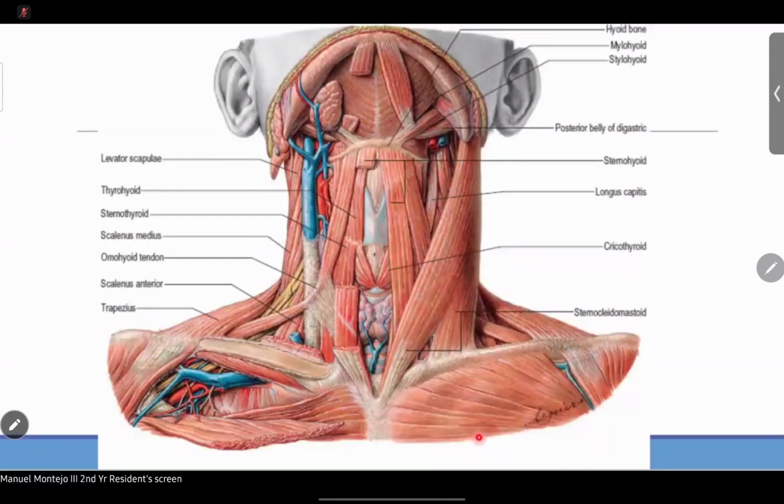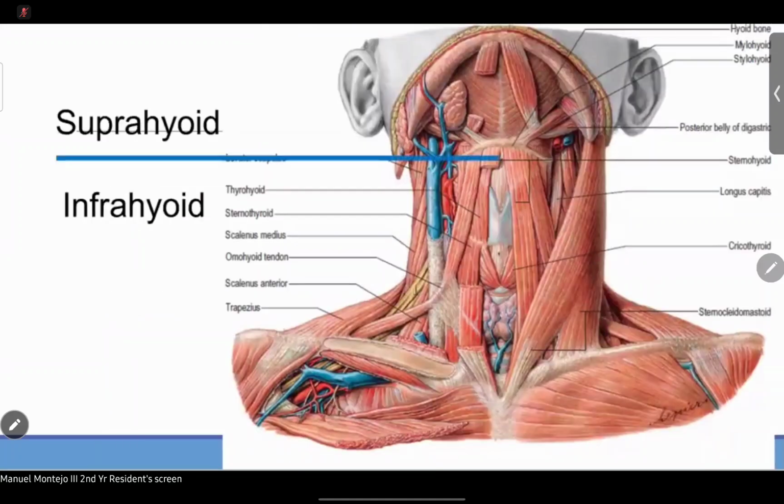Let's start with the suprahyoid and infrahyoid. Basically, you just imagine a line crossing along your hyoid bone. Above it, superior to it, will be your suprahyoid group. Then the infrahyoid group would be below the hyoid, going to your clavicle and your sternum.